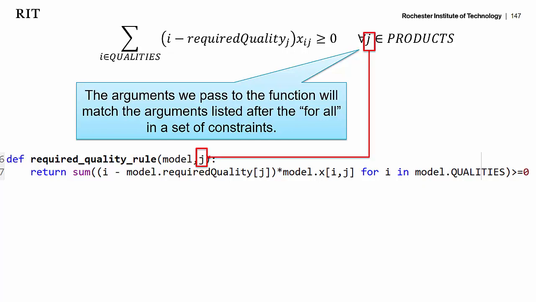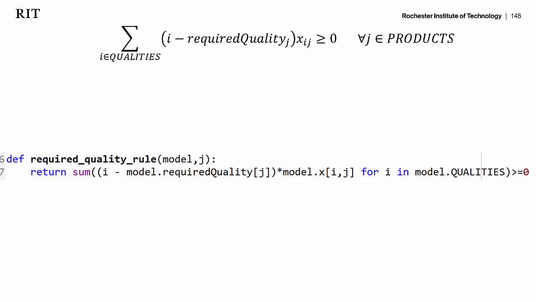And in particular here we don't know j. So if we pass a specific value of j, we can make a constraint. So if we pass a specific product, let's say bags, we can make a constraint for bags.